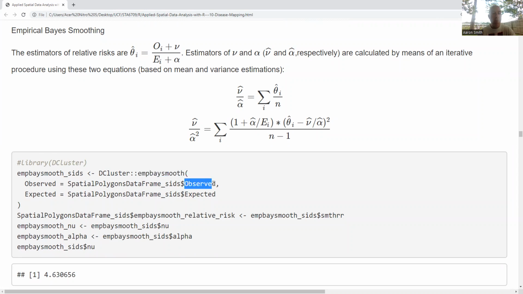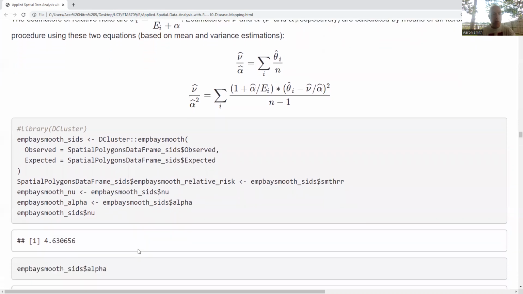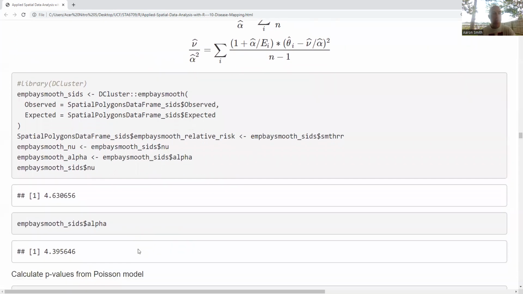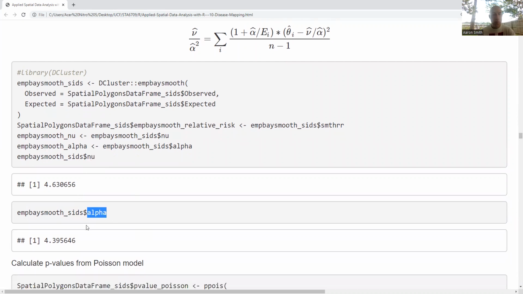I give it the observed, I give it the expected. It's going to compute the smooth relative risk for us. Here's nu, and here is alpha. And we can take a look. Here's our nu, here is our alpha.